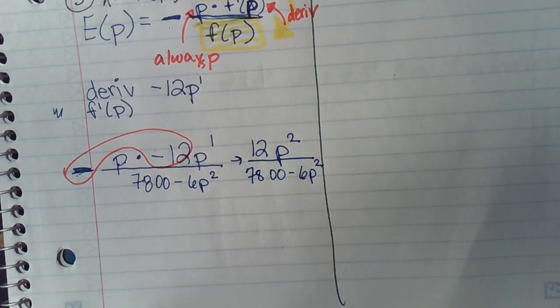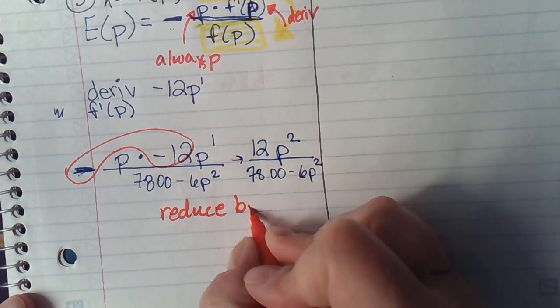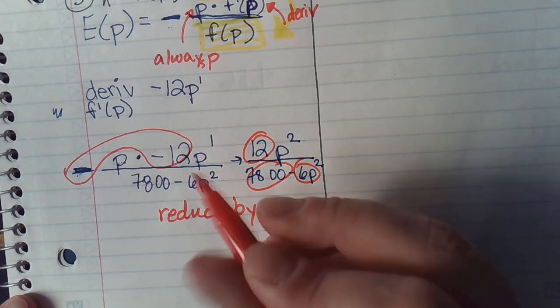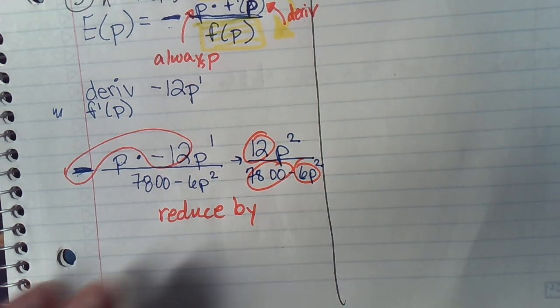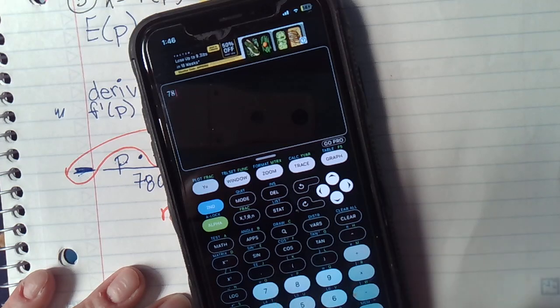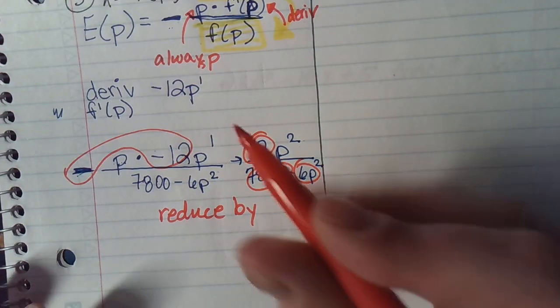The last thing you're going to do is reduce. What do you think we could reduce all three of these numbers by? Probably 6. Let me see if 7,800 can be divided by 6. Oh, yep, 1,300.